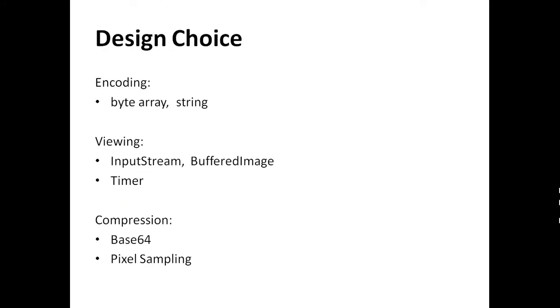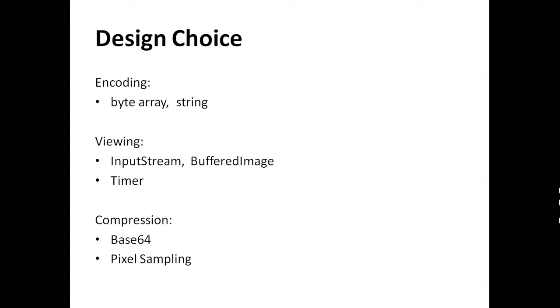So for the design choice, each image is converted into a byte array and its size is recorded in another byte array of size 4. Then they are combined into one byte array and written into a file using output stream. Then they are converted to a string type and combined into a single encoded file.